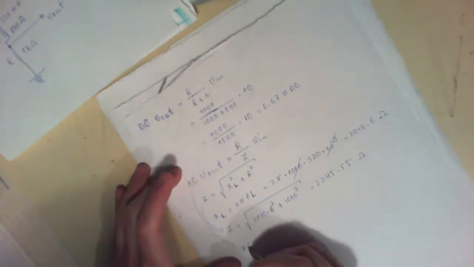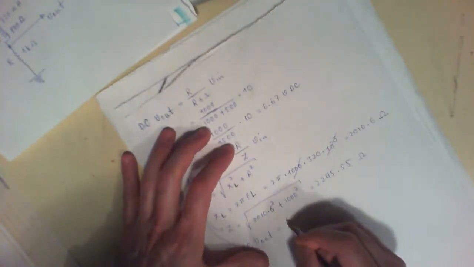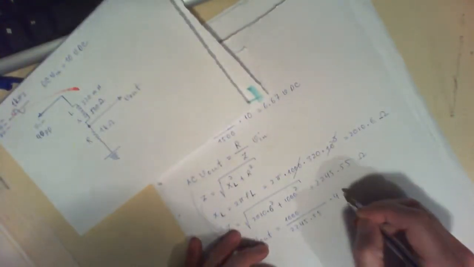So AC V of out is equal to R over Z. So my R was basically 1000 ohm over Z, which is 2245.55 ohm, times V of in. And my V of in AC voltage was basically 4 volts peak to peak.